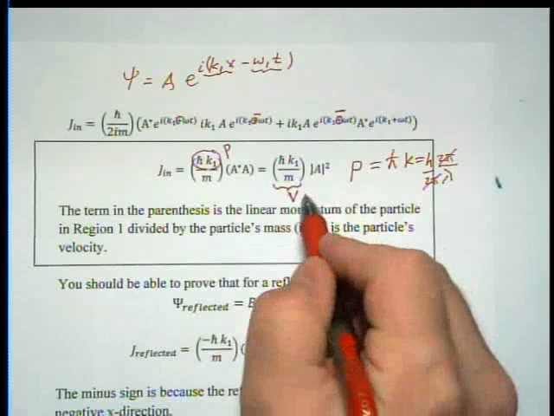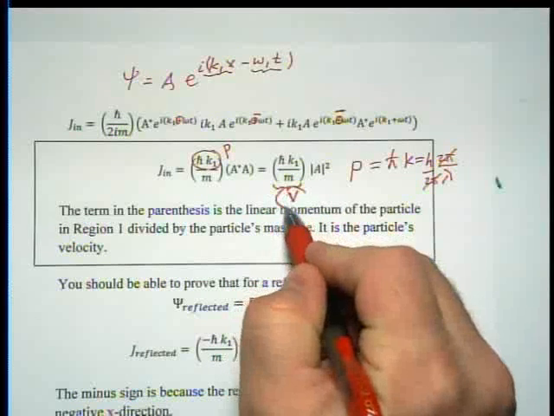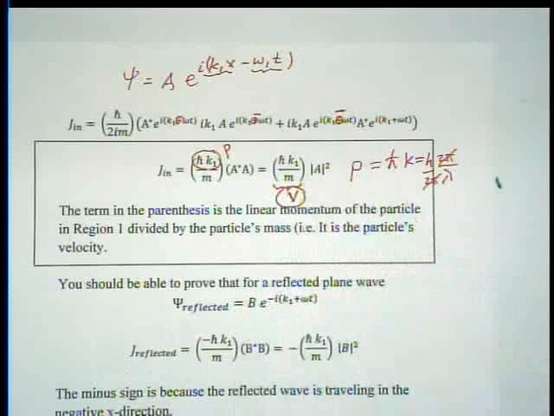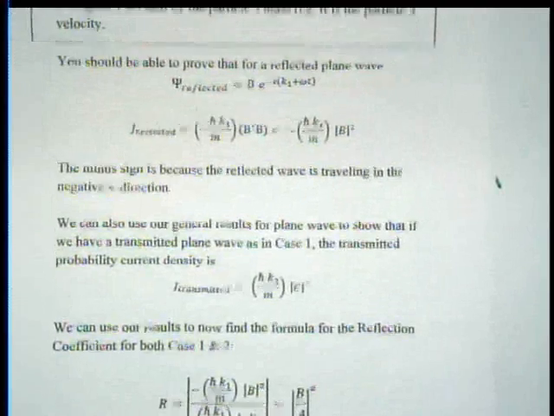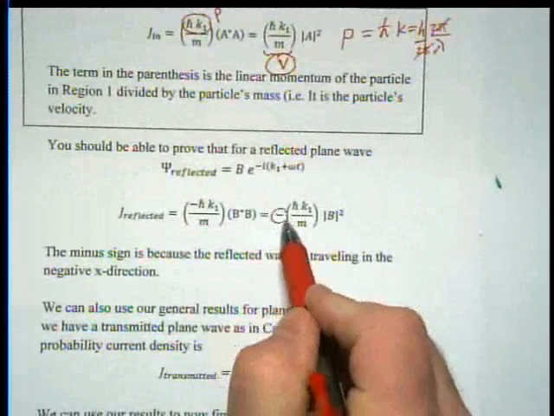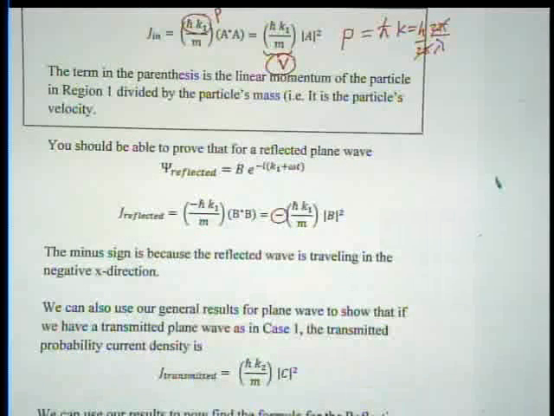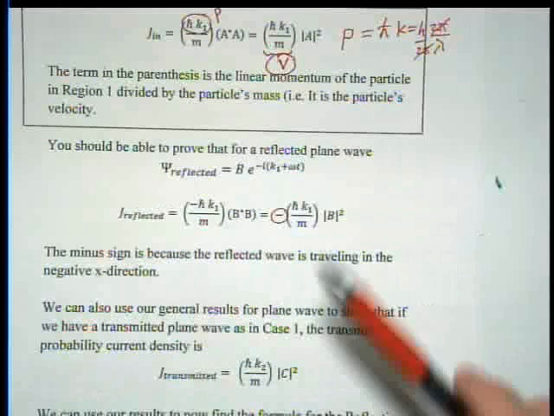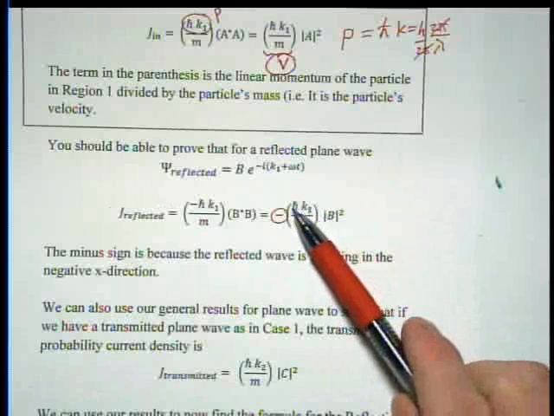If this velocity was going in the negative x direction, there'd be a minus sign in front of it, because it's a velocity. If you work through the reflected wave, you do get the minus sign. Remember, that is a kind of h bar k.